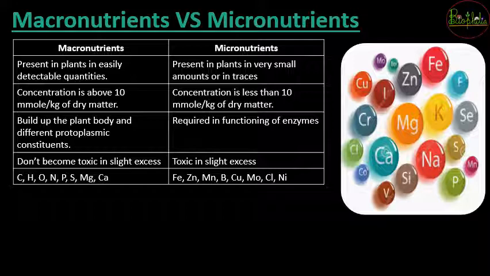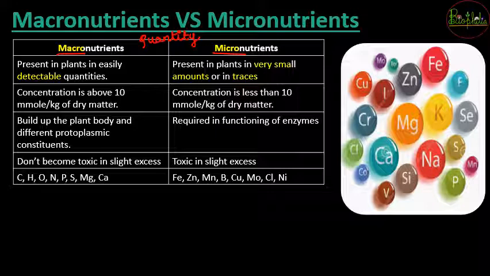So अगर macronutrients और micronutrients का classification basis देखें, so they are based on the quantity that they are present or required in. So if the quantities required by the plant are more, that means they are present in detectable quantities, then they are classified under macronutrients. अगर उनकी quantities required कम है, that means they are found in small numbers or in traces, then they are called micronutrients.